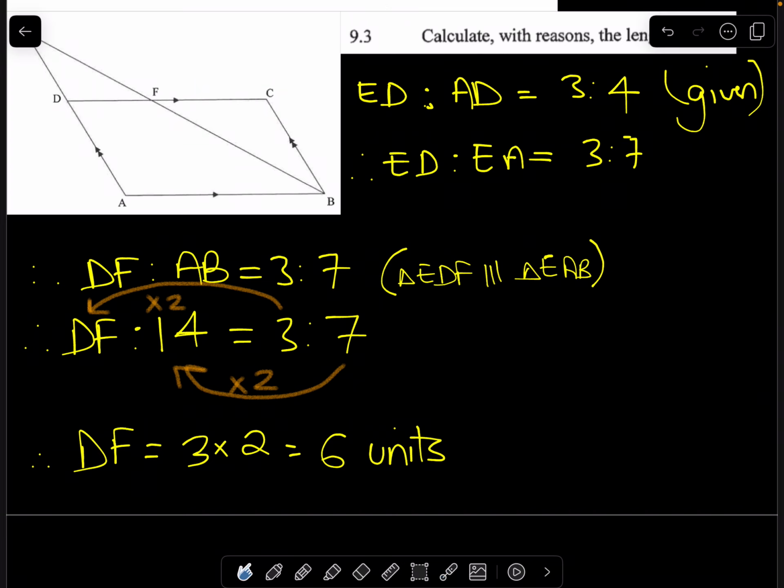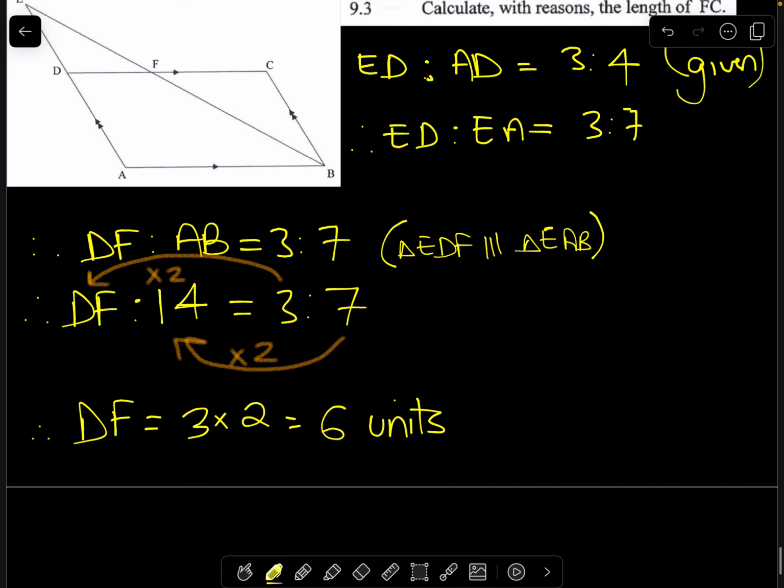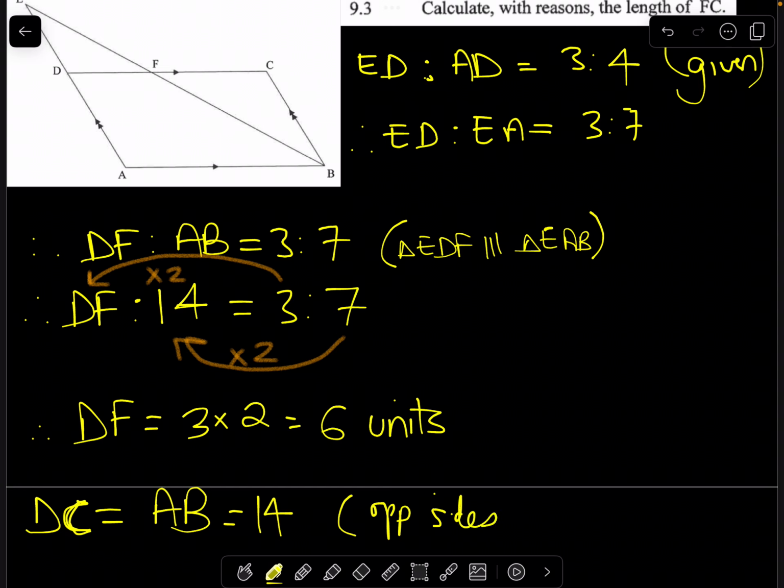And so let's just say DC is equal to AB is equal to 14, because opposite sides of a parallelogram are equal, right?